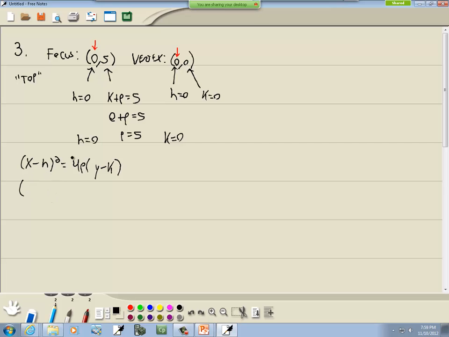So we got h is 0, so we got x minus 0 squared is equal to 4 times p, which is 5, times y minus k, so y minus 0. Well, x minus 0 is x, so we got x squared is equal to 4 times 5 is 20, and y minus 0 is y. That's our equation.